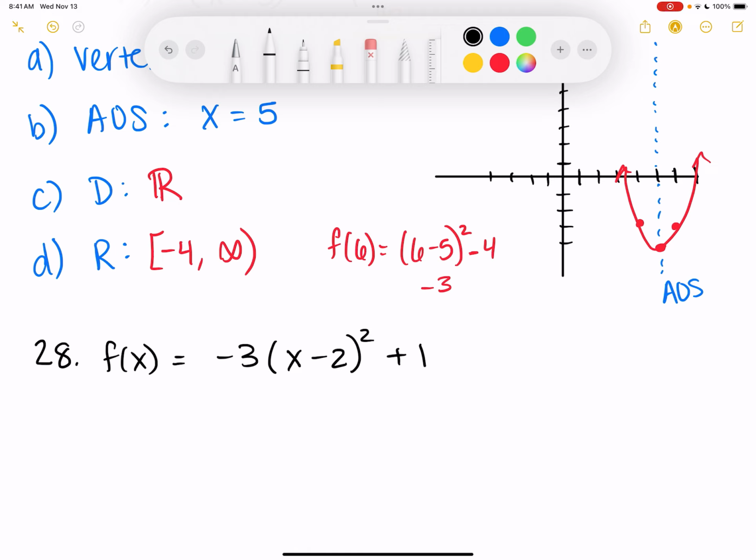Okay, I was just making sure nothing was different when we had the thing out front, because I don't usually graph them like that. I was trying to refresh on that.